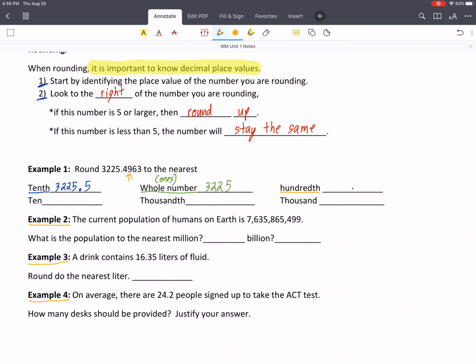So now, if we want, we can start writing down numbers. 3225 point, and then we can leave that there, because if we look at this, we know that that's a 9, and now if we look to the right, we're going to round.